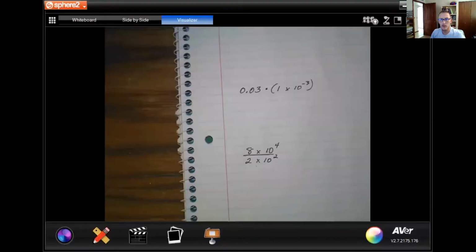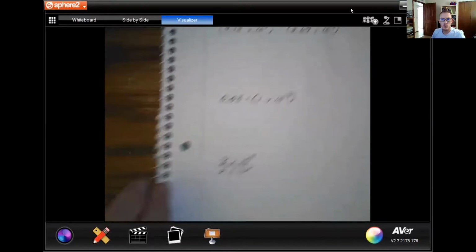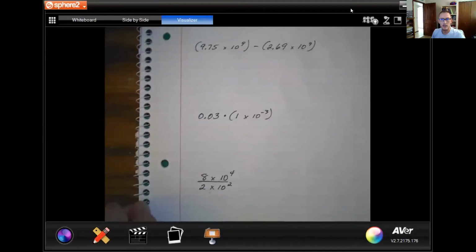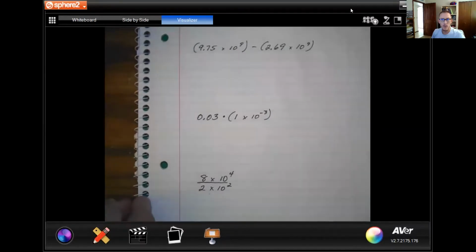The first thing is using IXL. One of my recommendations would be to take problems from IXL and write them down on paper first, if you can't switch back and forth between screens. So I've done that here, and I've got some problems that I took from IXL and wrote down on paper.